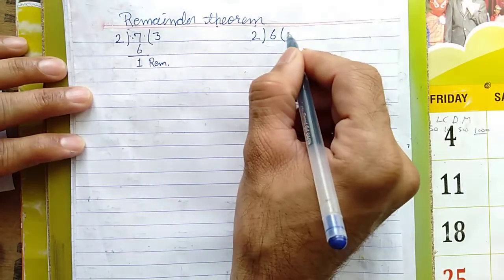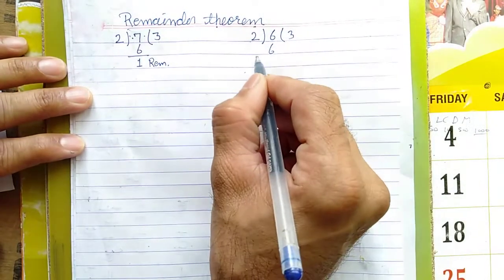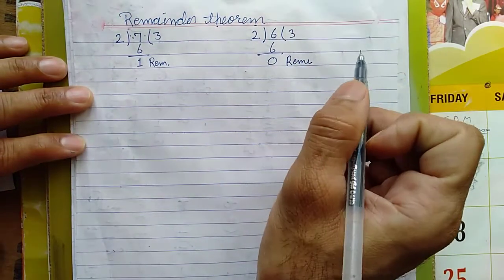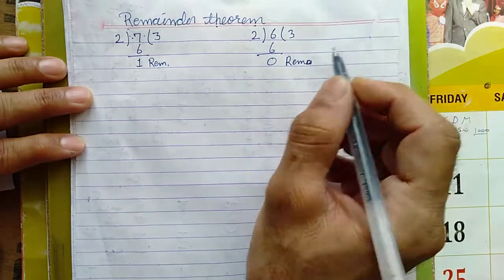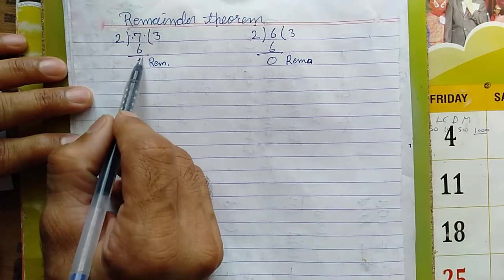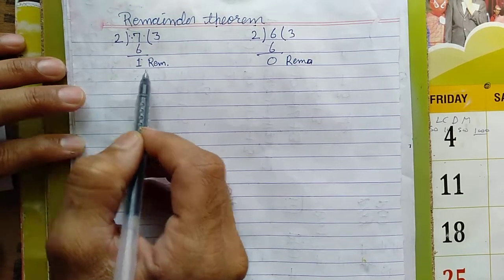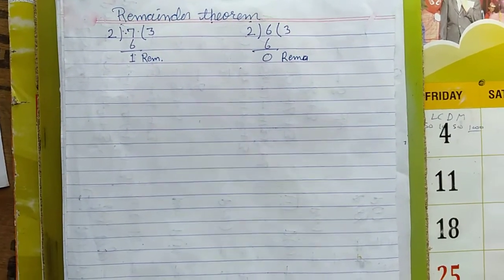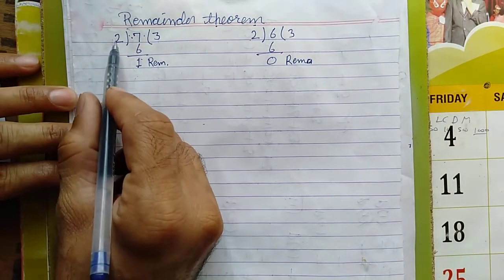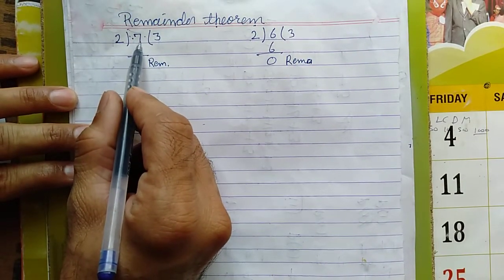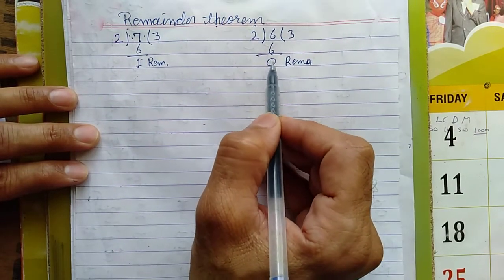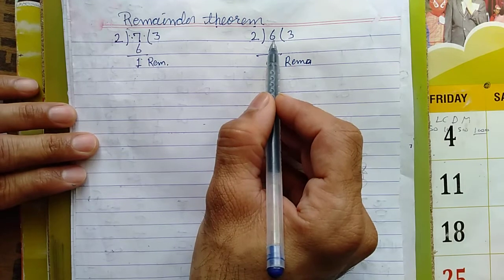Similarly here, 2 threes are 6, what is left here? 0, and this is also a remainder. Now in these two, can you understand, when the remainder is 1, or anything like 1, 2, 3, 4, 5, it means 2 is not a factor of 7, is it? And similarly here, if the remainder is 0, it means 2 is a factor of 6.